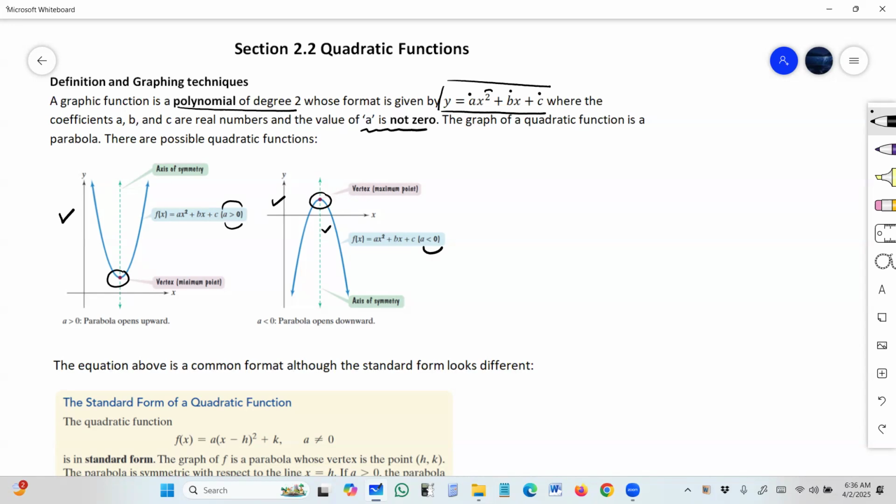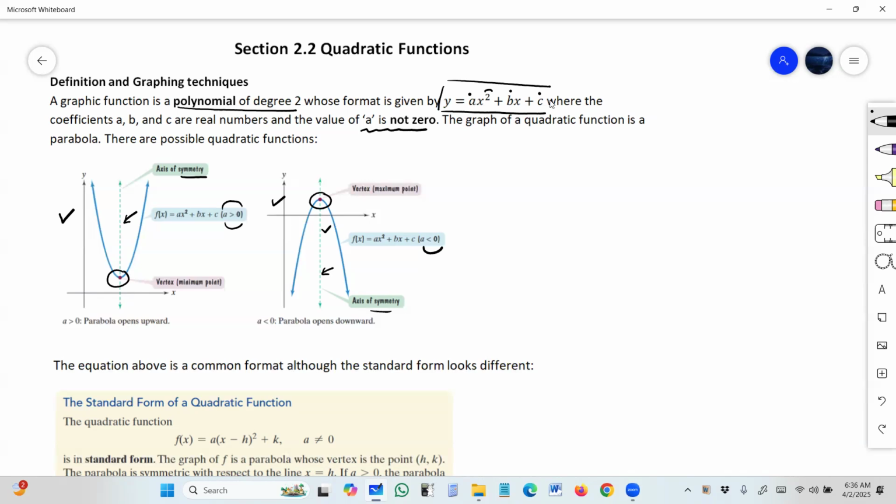On a parabola opening down, the vertex is the maximum point. The axis of symmetry, this dotted line that you see right here, crosses the parabola at the vertex. So this is the graph.